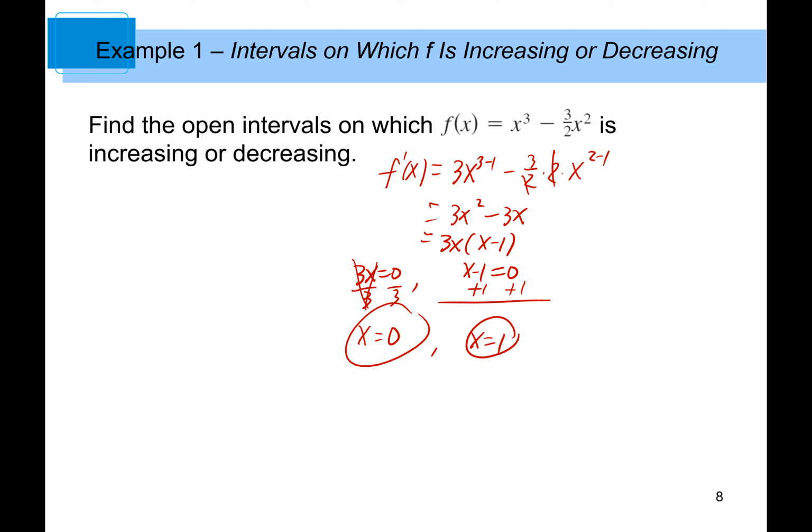So basically we have two critical numbers. Now, with these two critical numbers, we separate the domain. The domain for any polynomial function is from negative infinity to positive infinity. So these two numbers, 0 and 1, separate the domain into three different sub-intervals.